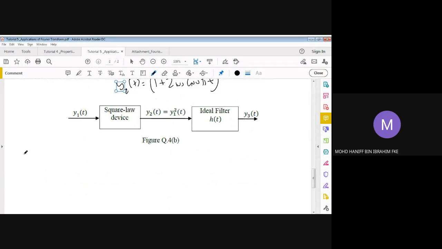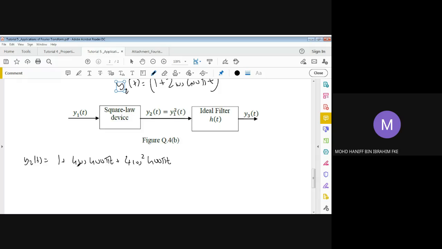Based on that, you can write that y2(t) will be equal to 1 plus 4 cosine of 400 pi t plus 4 cos squared 400 pi t. This is the result for y2(t), which is the square of the y1(t) function just now.